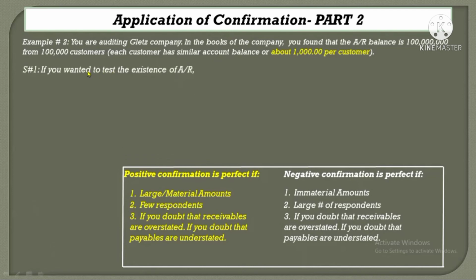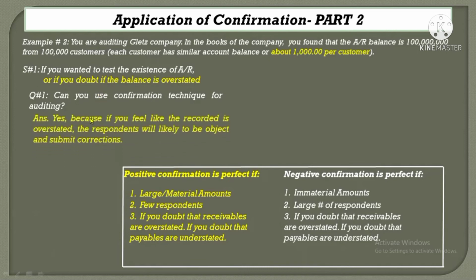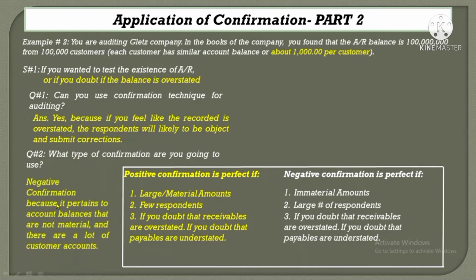If you want to test the existence of the accounts receivable, or again in simple terms, if you doubt that the balances are overstated, question number 1 again, can you use the confirmation technique for auditing? Answer, yes also. But what type of confirmation is appropriate? Of course, it's already the negative confirmation, because in this example number 2, the account balances are not material and there are a lot of customers.